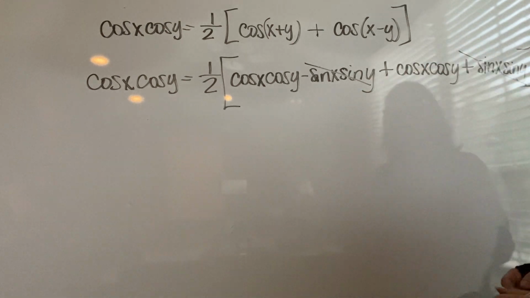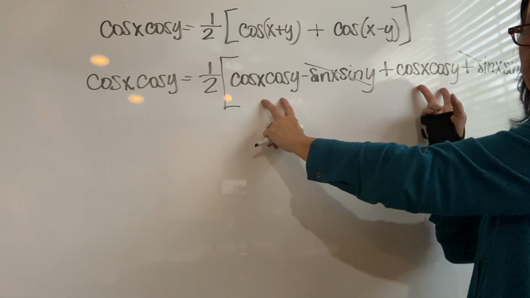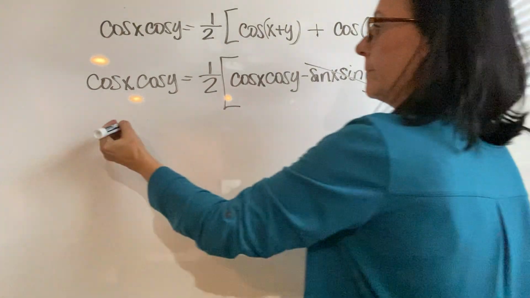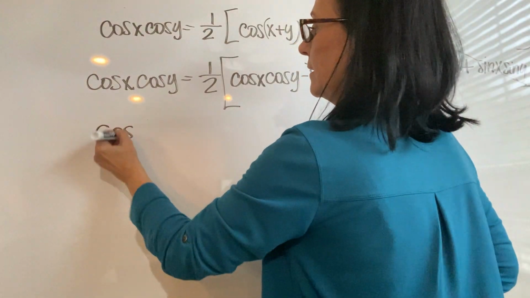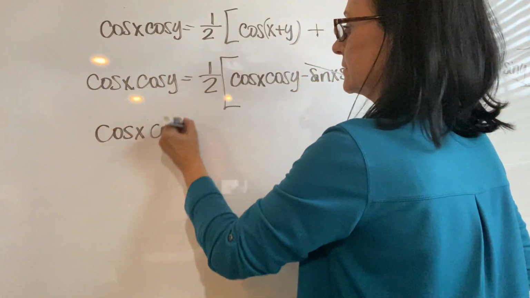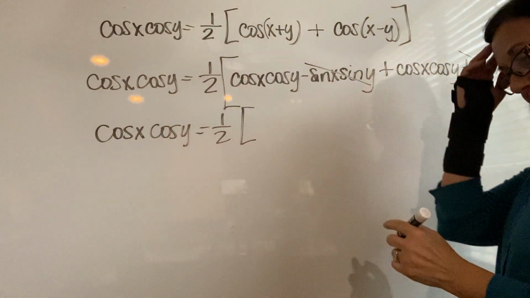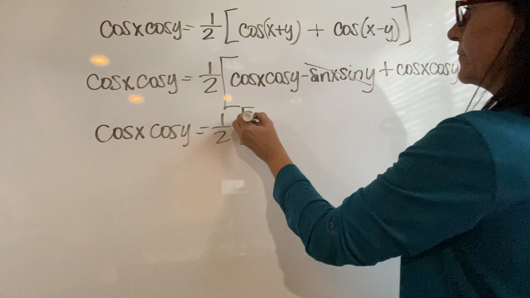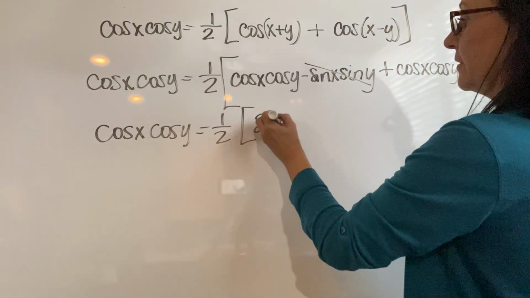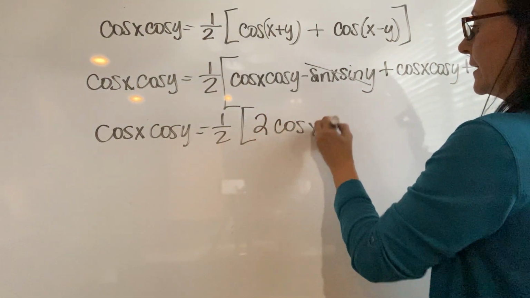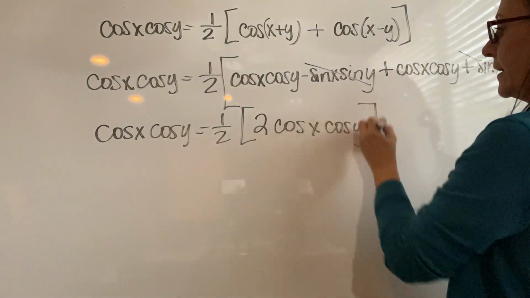All right, so notice what happens. Our signs eliminate. These are like terms, so I'm going to combine my like terms. Cosine x, cosine y is 1/2 times. I add their coefficients, it's just 1 and 1, so it's 2 times cosine x, cosine y.